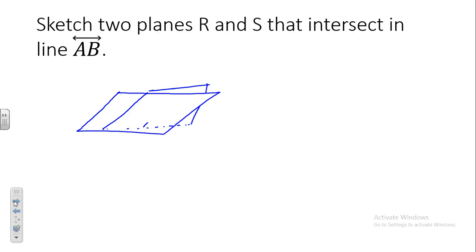That's not going to look right. Can't draw it.